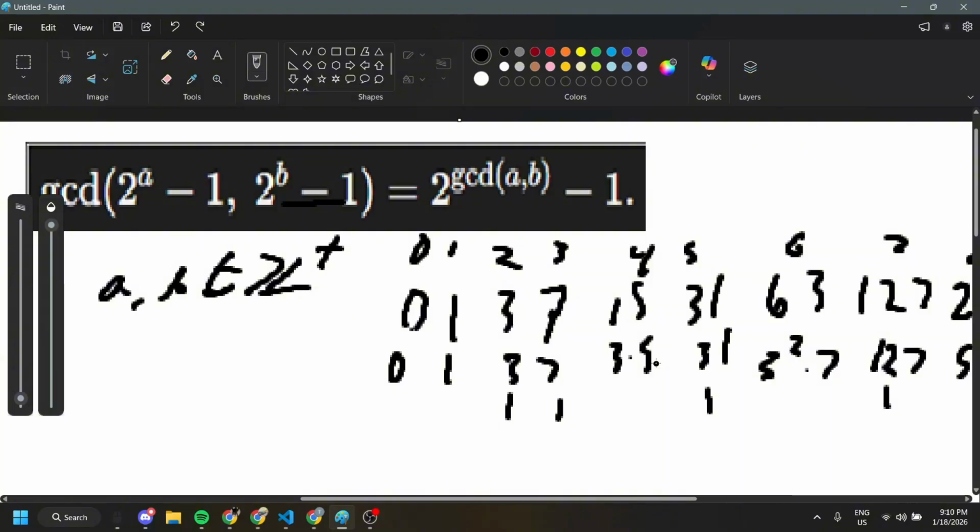So that means the GCD of 2 to the A minus 1 and 2 to the B minus 1 is equal to 1. So if A and B are coprime, then 2 to the A minus 1 and 2 to the B minus 1 are coprime.